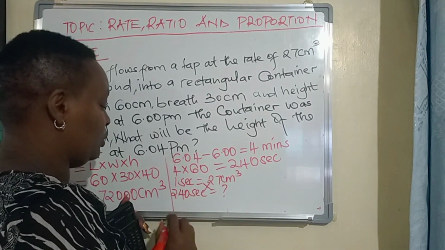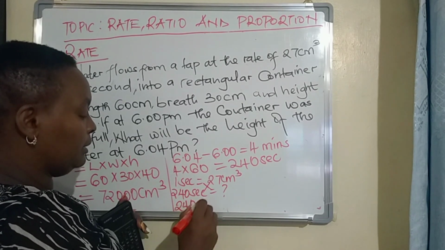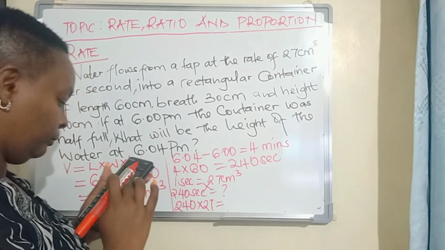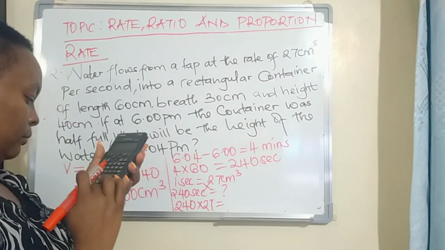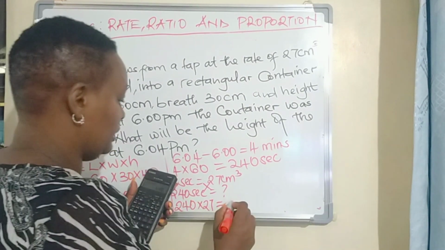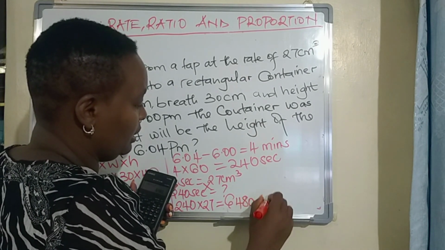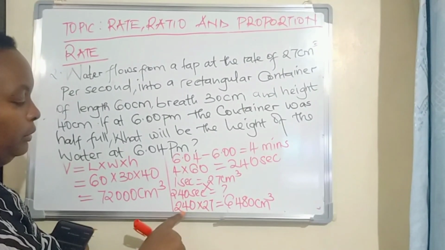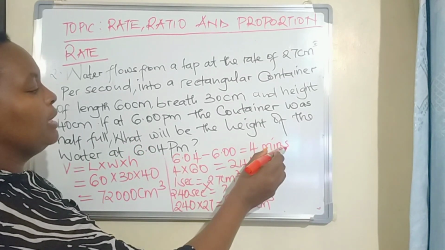We can cross multiply this and say 240 times 27 equals 6480 centimeters cubed. That is the volume that entered that tank in those 4 minutes.